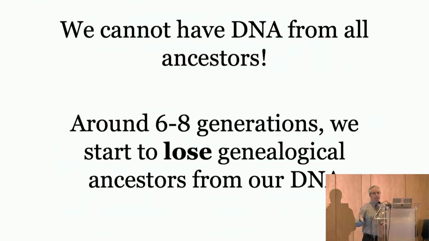Somewhere around 6 to 8 generations or so, we start to lose genealogical ancestors from our DNA. And the downfall of that, the problem with that is many, but one of them is if you happen to take a DNA test because you had a specific question about a line in this range, there's a possibility you didn't get any DNA from that particular ancestral line.